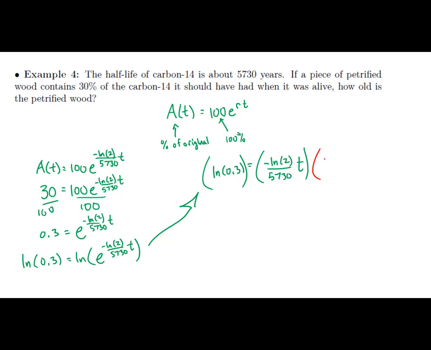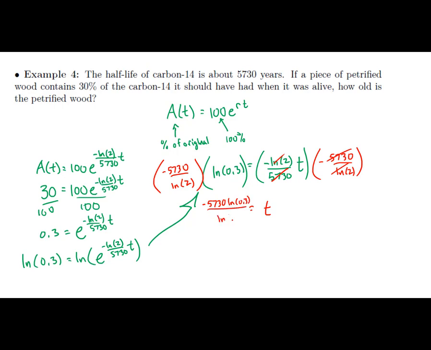So we'll have times negative 5,730 over natural log 2 and negative 5,730 over natural log 2. So of course everything cancels out here and we end up with t on the right. And here we kind of have a mess, but it's a mess that we're just going to end up putting in our calculators anyway.